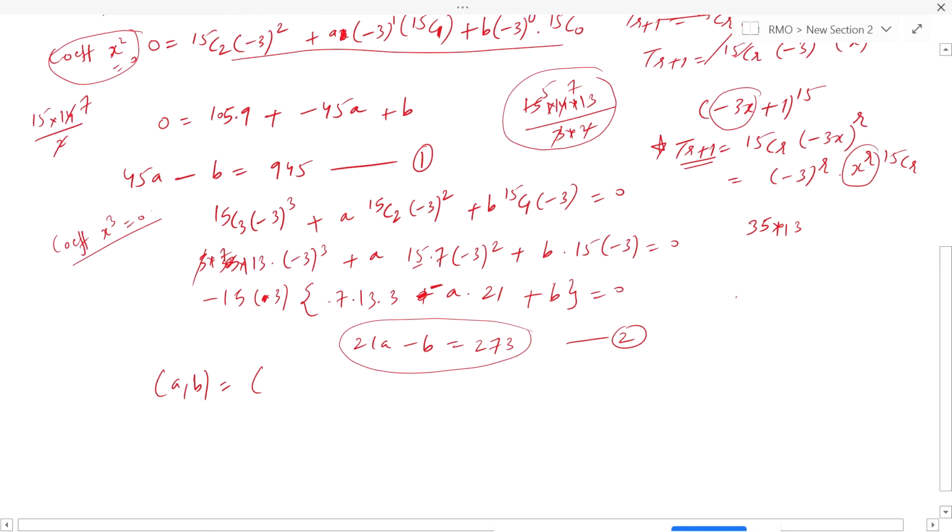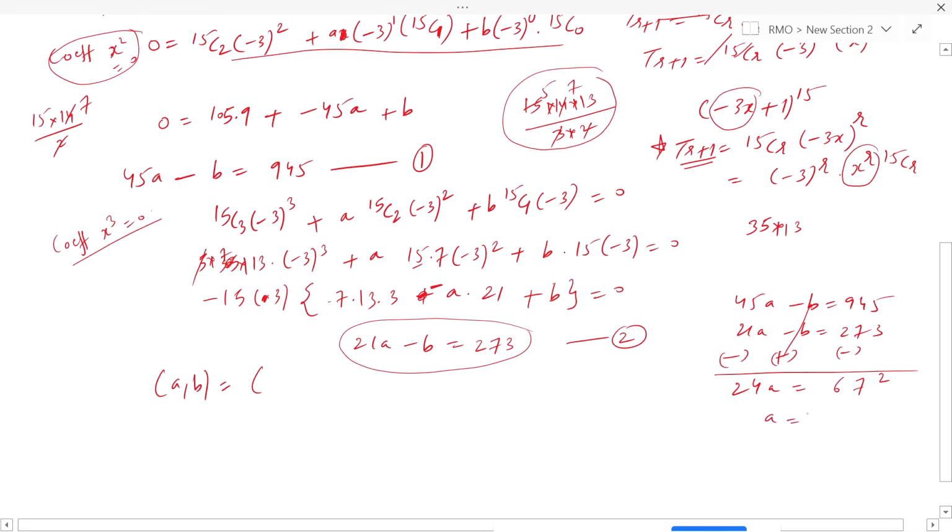Solve this: 45a, okay, wait, I got it. 21a minus b. So it's 24a is equal to 672.